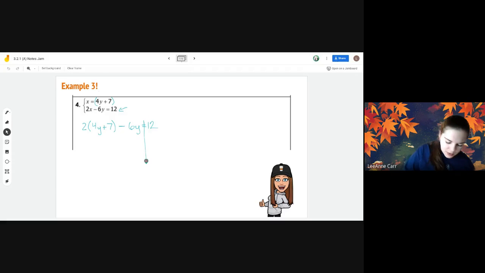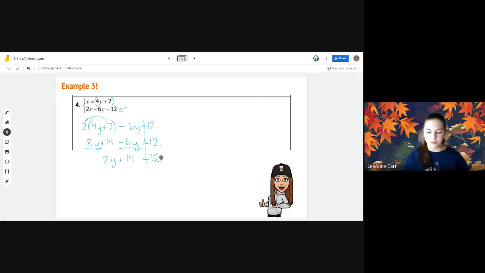So let's distribute, distributive property. And I get 8y plus 14 minus 6y equals 12. Again, I see some like terms that I would like to combine. When I do that, I get 2y plus 14 equals 12. And now we're down to our couple and our third wheel.